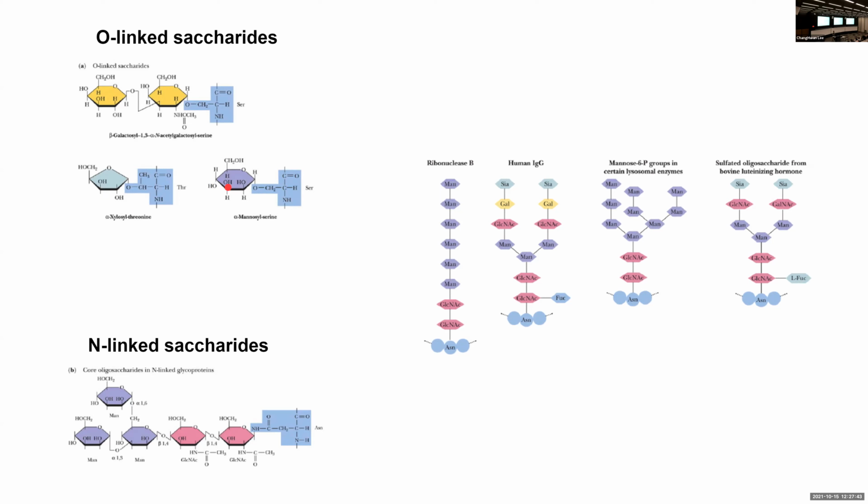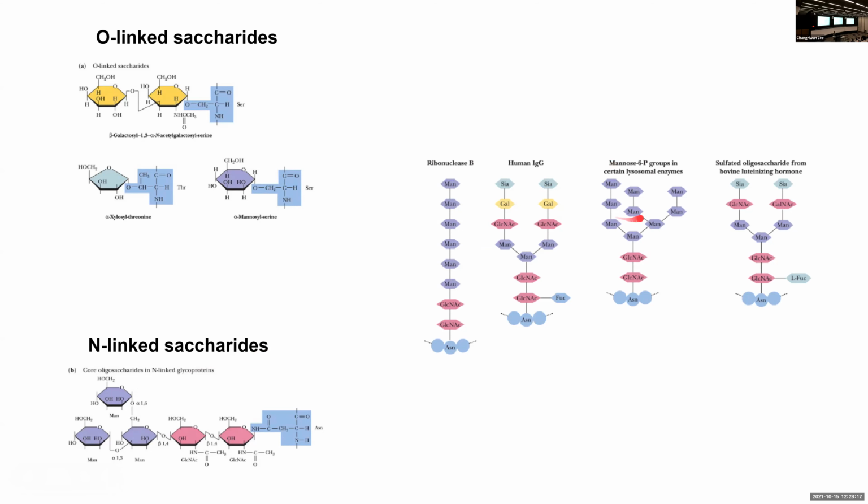There are a lot of sugars that can be decorated on the protein to form glycoproteins. The same thing applies to the N-linked saccharides or N-linked glycoproteins. So it can actually have a really elaborate structure like this, where different kinds of sugars are involved, different kinds of linkages, as well as branching too, right? So it's quite a complicated structure.